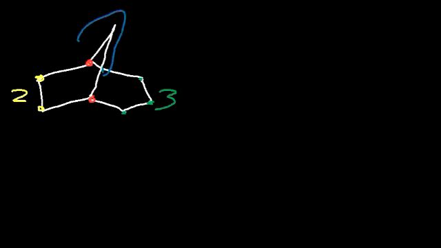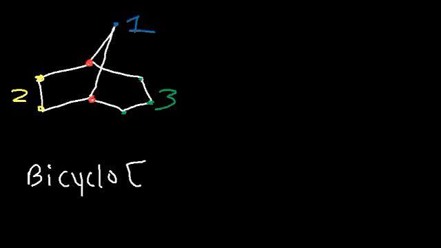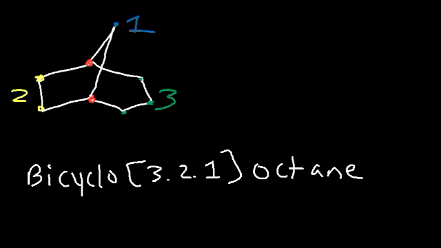And in the top link, we only have 1. So it's going to be bicyclo, and in descending order, 3, 2, 1, and then 3 plus 2 plus 1 is 6, add 2 to it. We have a total of 8 carbons. So 3, 2, 1 octane.